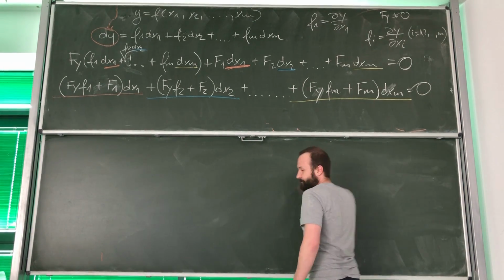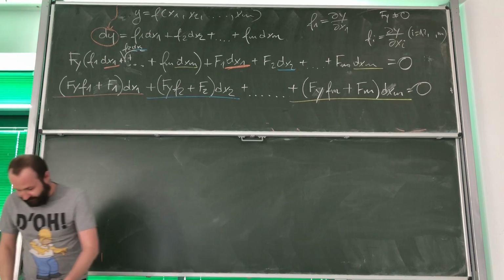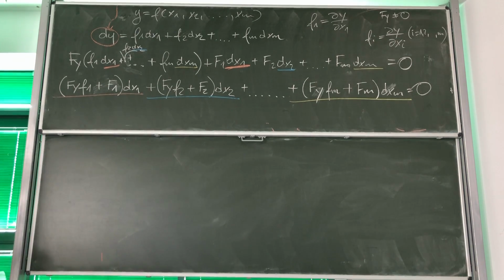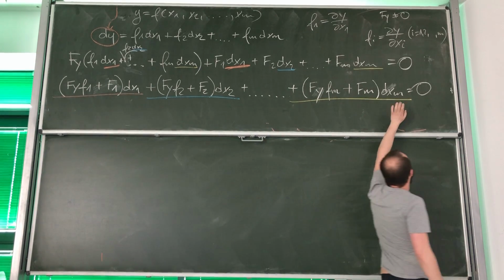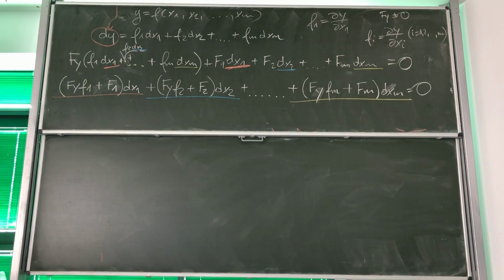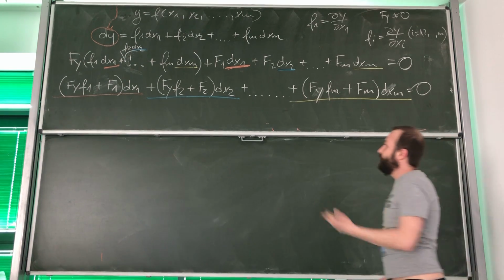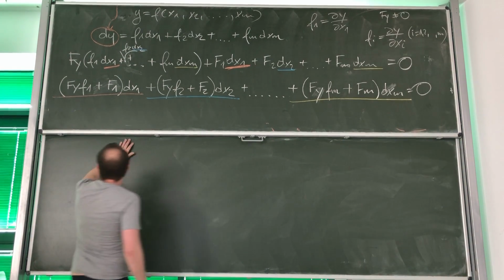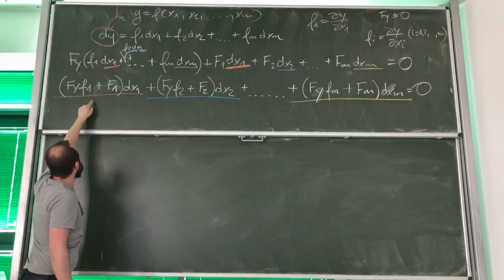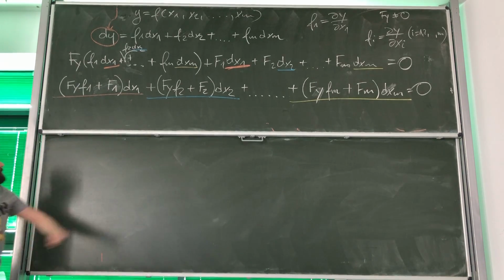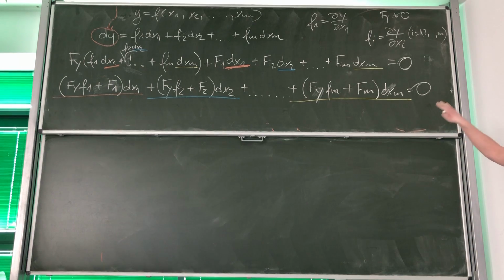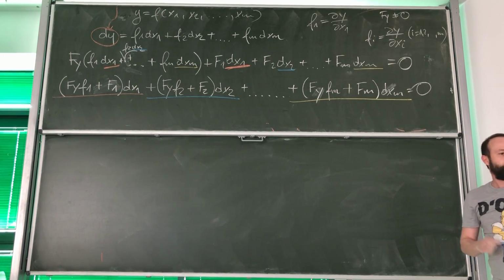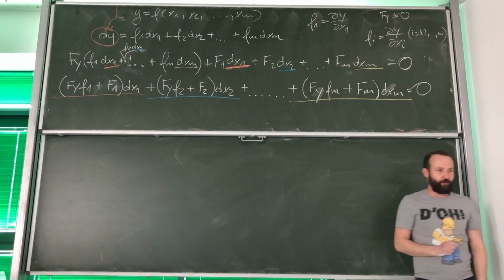If this is the case, look, when we calculate derivatives, we're assuming that those are different than 0. So if those are different than 0, then this must be equal to 0, this must be equal to 0, and this must be equal to 0. So things in parentheses must be equal to 0, right?